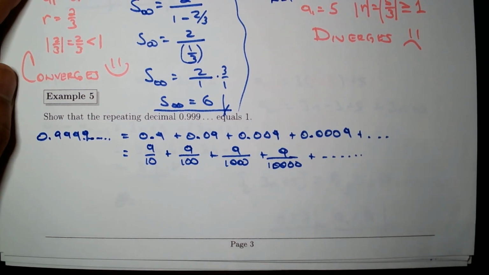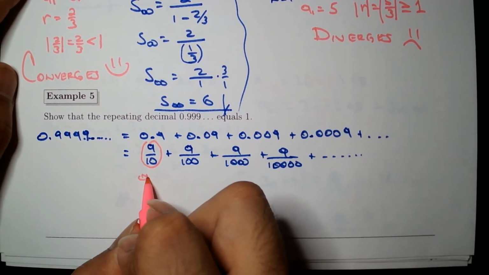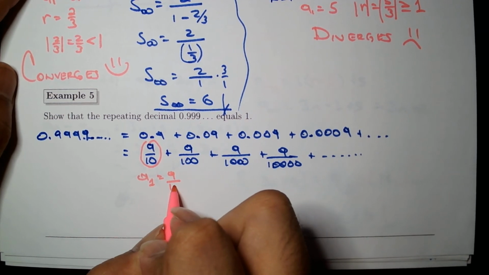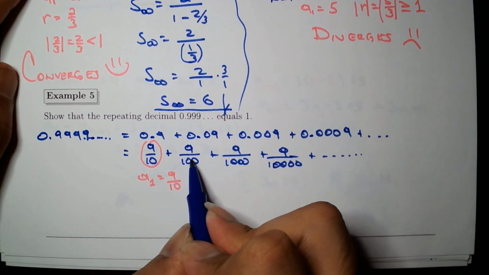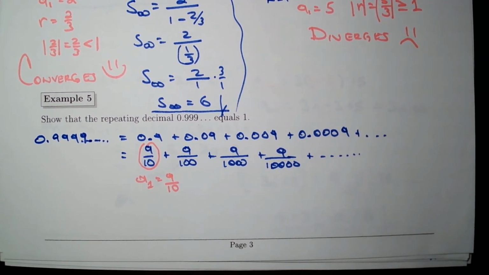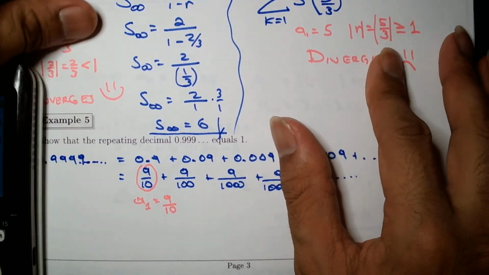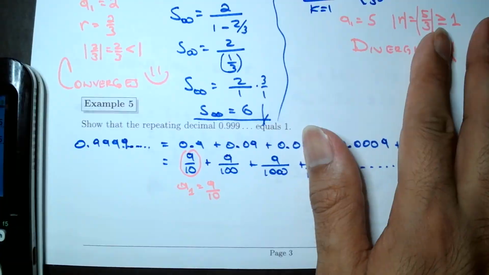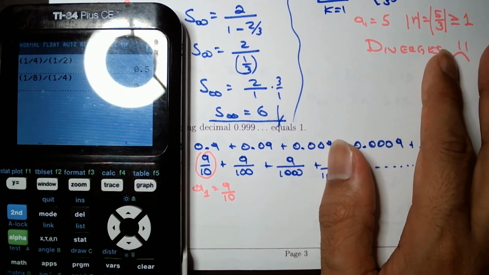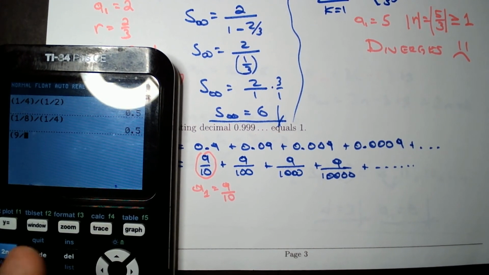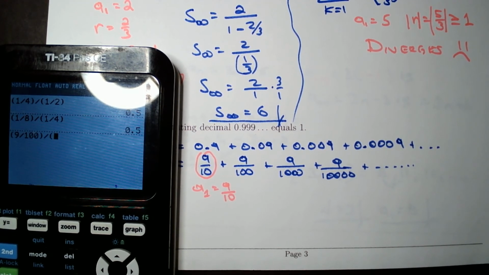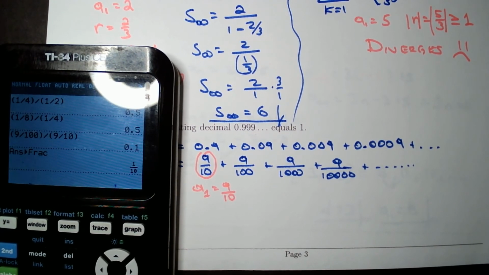So what do we have here? The first term, a sub 1, is 9/10. And for the common ratio, let's divide 9 over 100 by 9/10. Let's use our graphing calculator. 9 over 100, divided by 9 over 10: 0.1, that is 1/10.